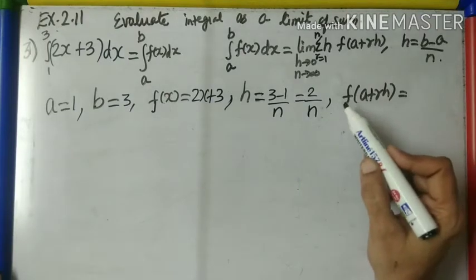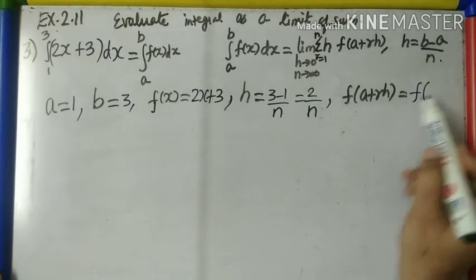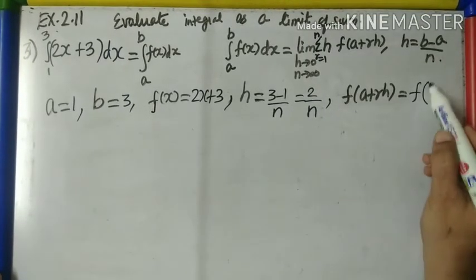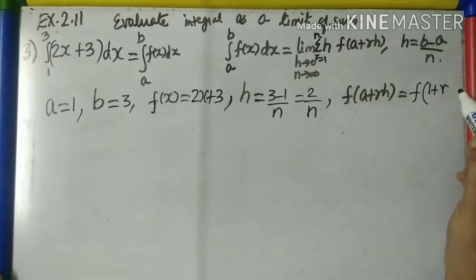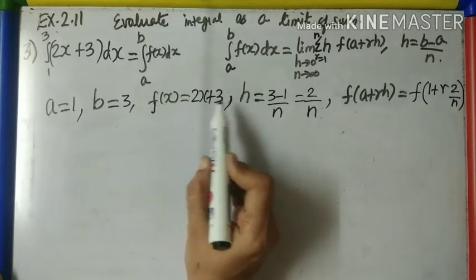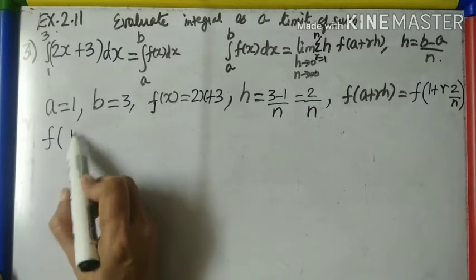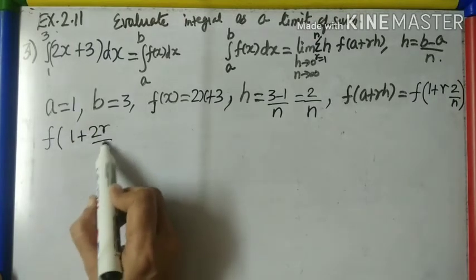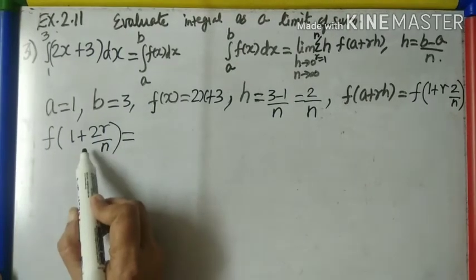What is f of a plus rh? It is f of a value 1, r as it is, h value 2 by n. So I can write 1 plus 2r divided by n. Now what is f of x actually? 2 into x plus 3. So what is this answer? f of (1 plus 2r by n) is nothing but wherever x comes, put this bracket.